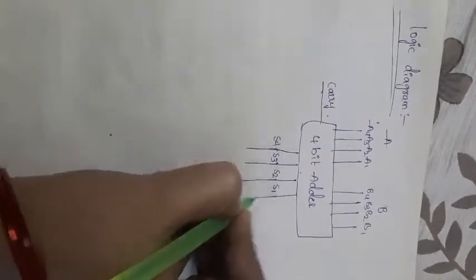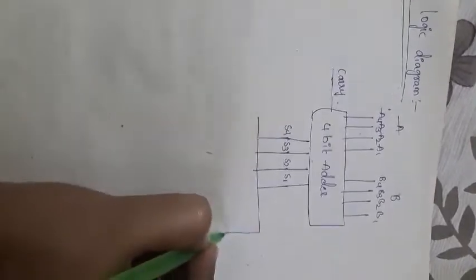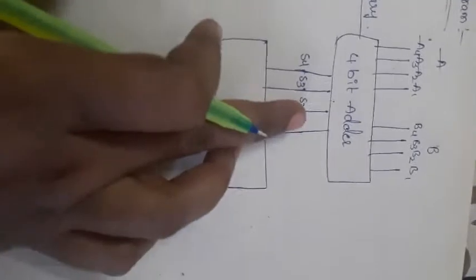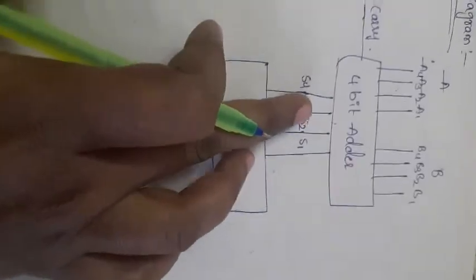How to add that 6? I am taking the sum line as an extension, and I am taking this logic here. First of all I need to take the extension with the sum line.